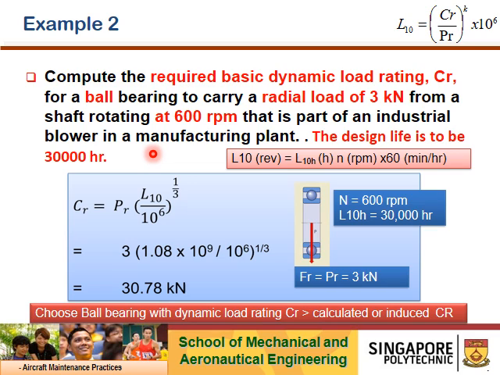So instead of revolutions, now they give you the design life, the L10H. From this formula, L10 in revolutions equals L10H times rotating speed times 60.